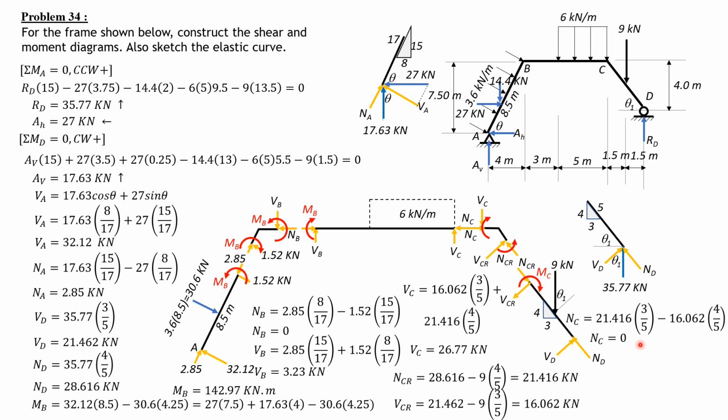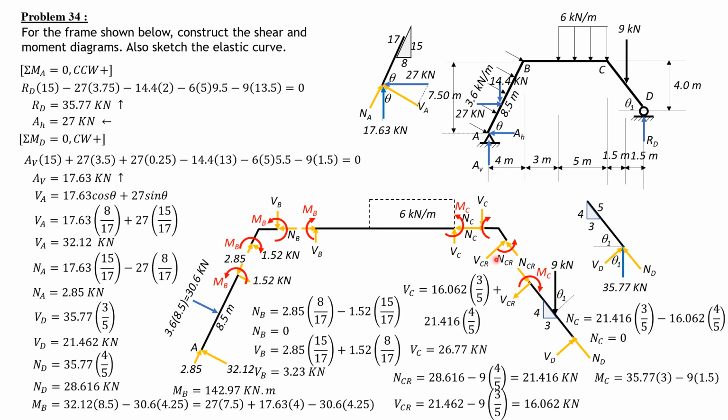So N_C is, because N_C is rightward, 16.062 times sine theta minus N_CR times cosine of theta, which is 3/5. So N_C is 0.